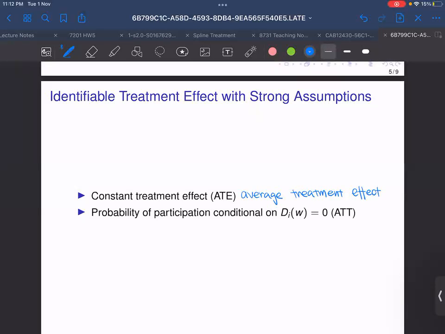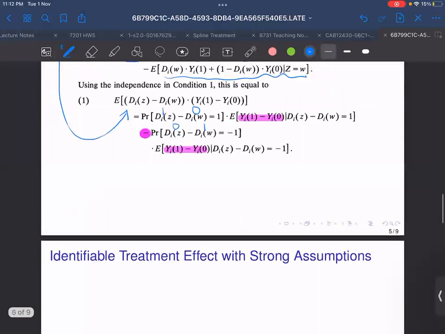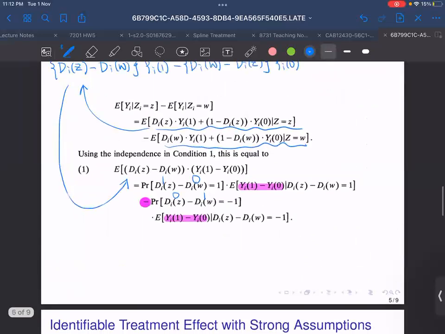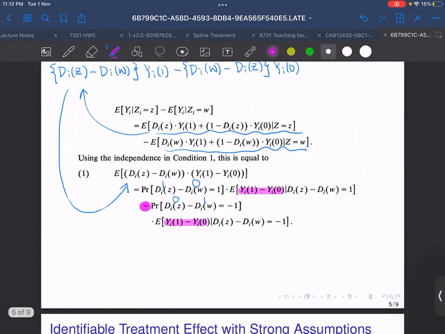All right. As you can see here, this difference is equivalent to this expectation here, right?